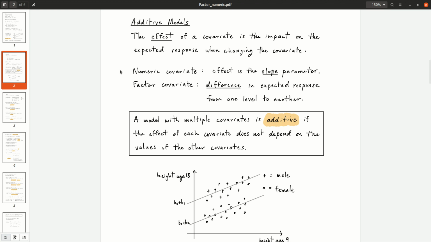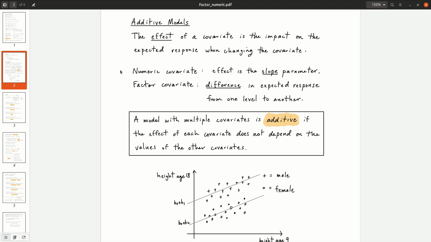So let's think about what this means in more specific cases. When you have a numeric covariate, we can think of the effect of the numeric covariate as the slope parameter, because the slope parameter tells us how much the expected response will change per unit change in the numeric covariate.